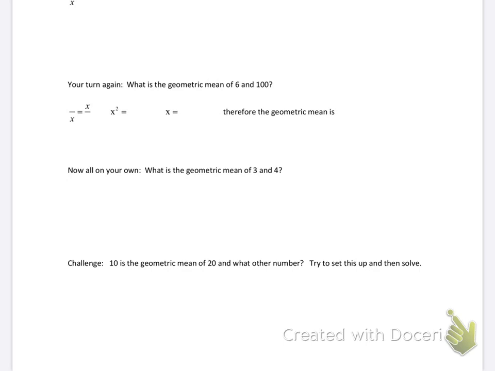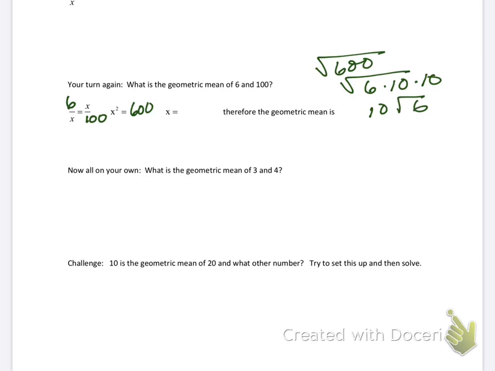So the geometric mean, I can attain that by putting in 6 and 100 in the extreme positions, and x's are in the mean positions. So 6 times 100 is 600, so I need the square root of 600. To do that, I said 6 times 10 times 10, and I got 10 root 6.